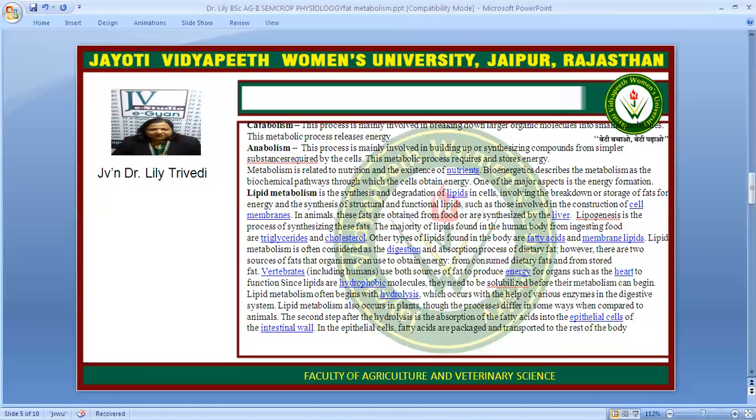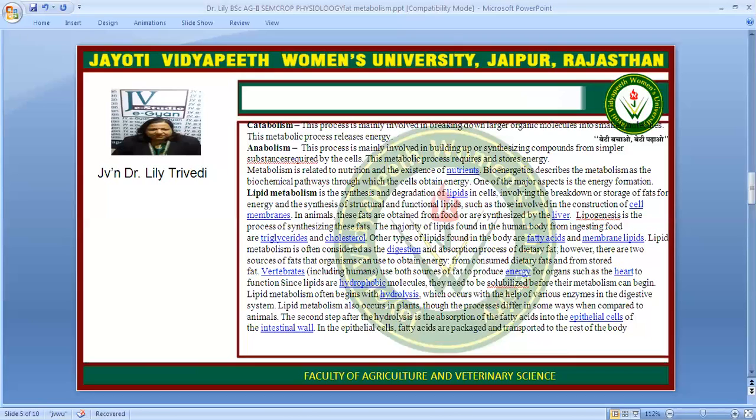This metabolic process requires energy and stores energy. So metabolism is related to nutrition and the existence of nutrients. Now bioenergetics is the description of metabolism as the biochemical pathways through which the cell obtains energy.